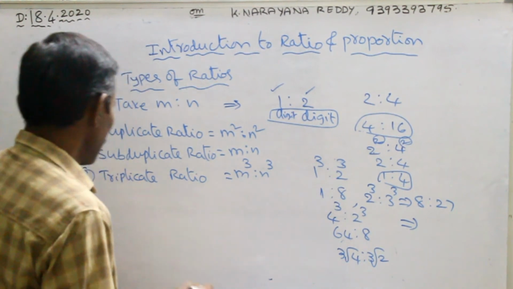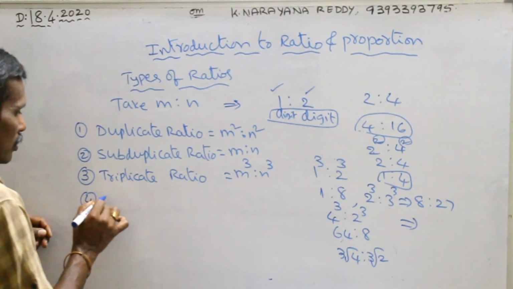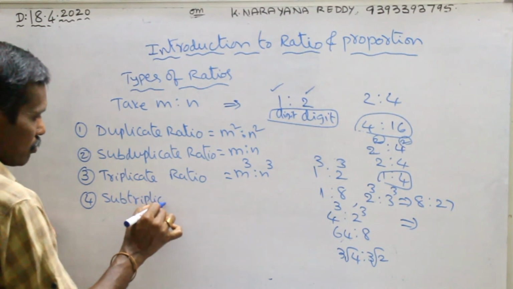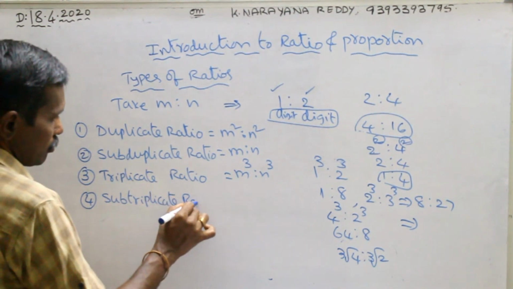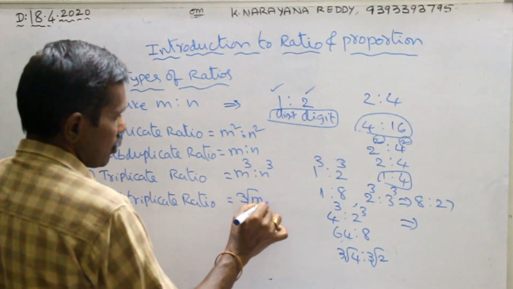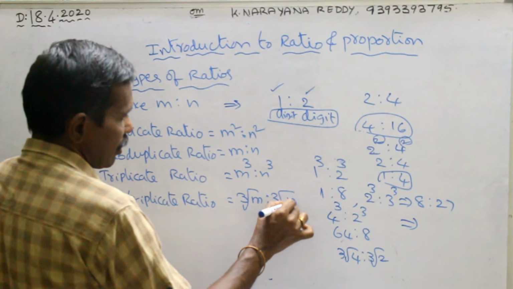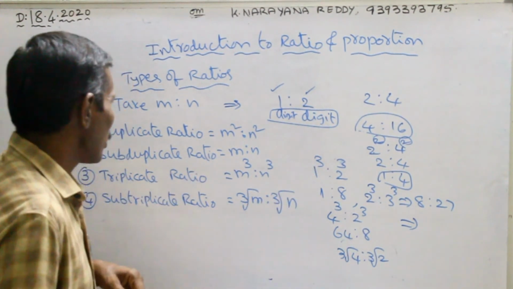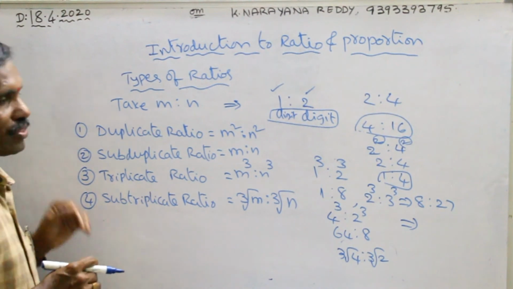Yes or no? Next one is subtriplicate ratio. That means cube root of m is to cube root of n. Yes? So these are 4 comparisons, 4 ratios.